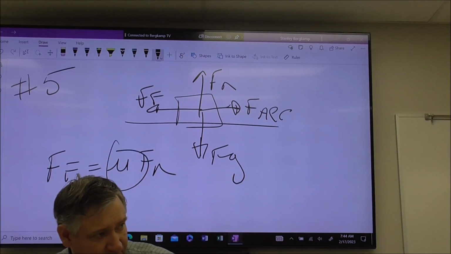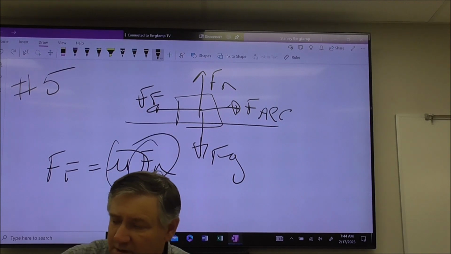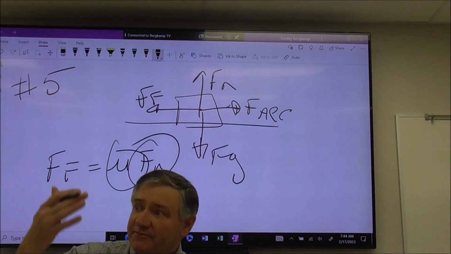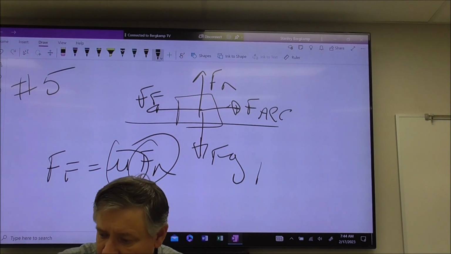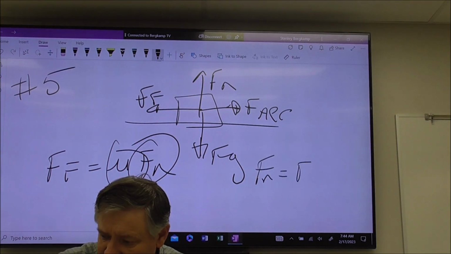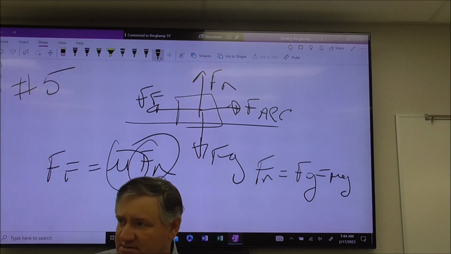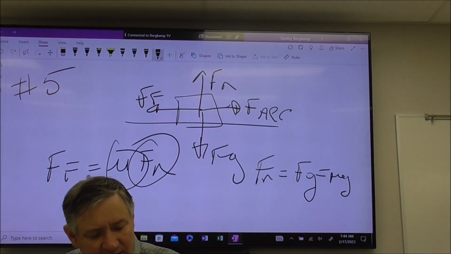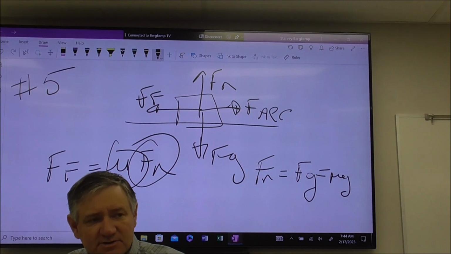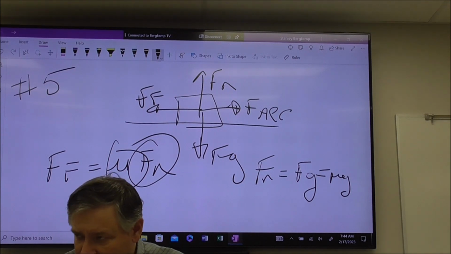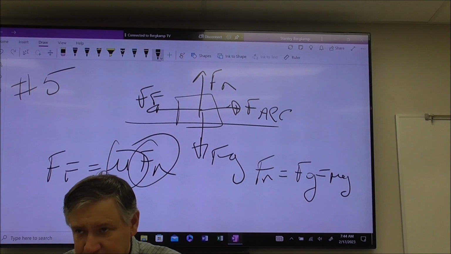You have that number. What you don't know is the normal force. But if you're on a flat surface, the normal force is the same as your gravitational force, which is your mass times gravitational acceleration. So the answer to 5a should be something very close to your current age, okay?